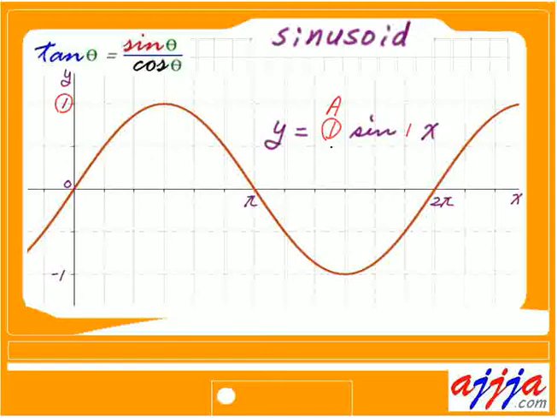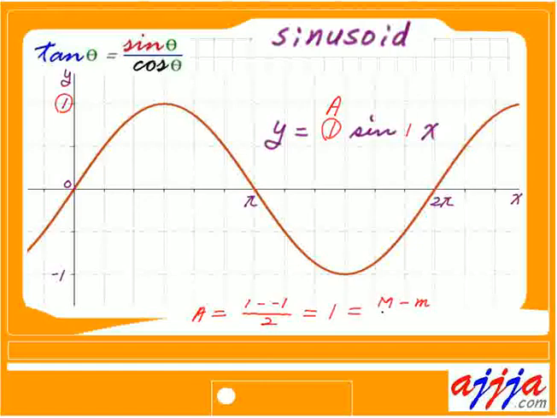Usually we use the letter A. So amplitude A right here. Formula-wise, the highest point, which is 1, minus the lowest point, which is -1, so 1 minus minus 1 is 2, divided by 2. That's 2 divided by 2, which is 1.